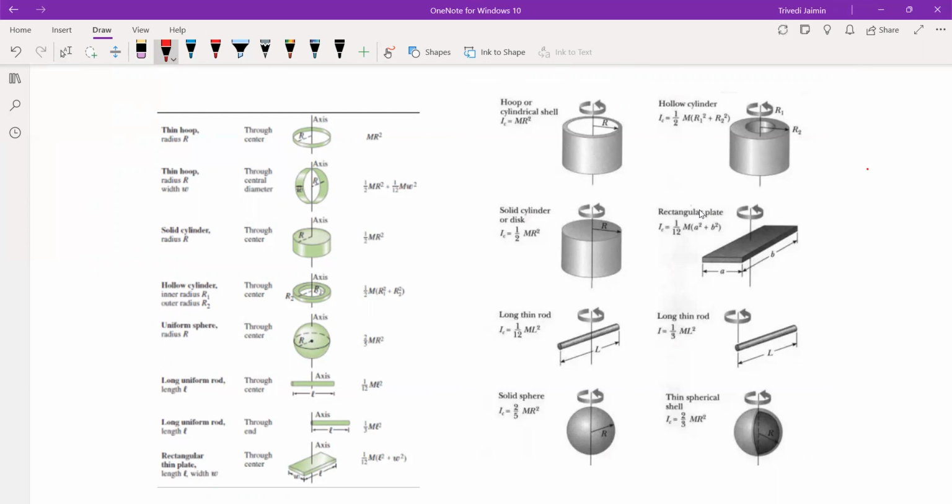Solid sphere, long thin rod, how it looks, this you know. But most students get confused with the hollow cylinder and cylinder, hollow cylinder and sphere. Most students get confused with this one.